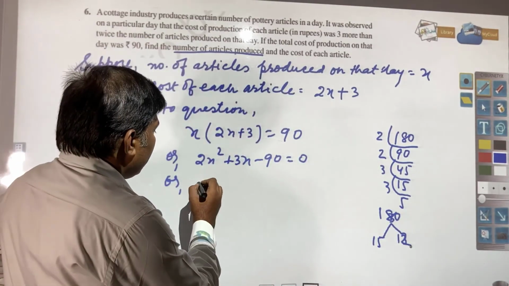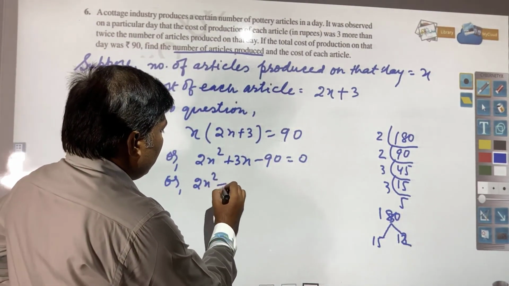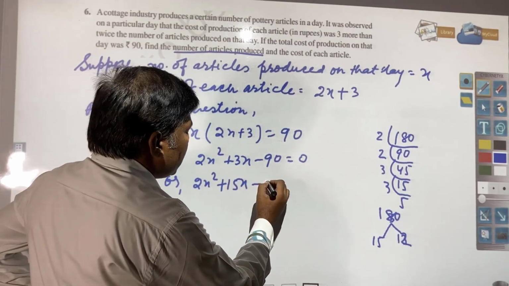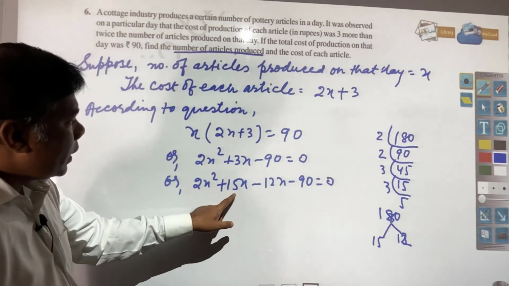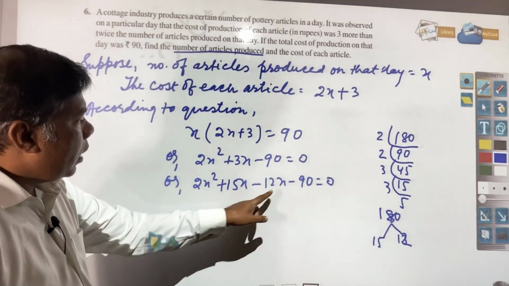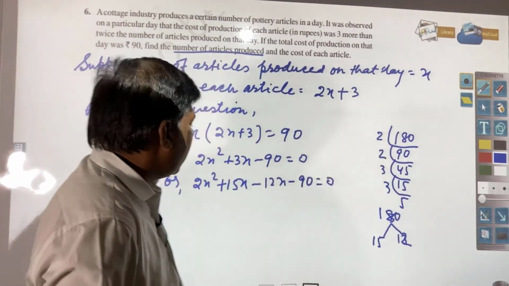So it can be written as 2x square plus 15x minus 12x minus 90 is equal to 0. If you subtract, you will get 3. If you multiply, you will get 180.